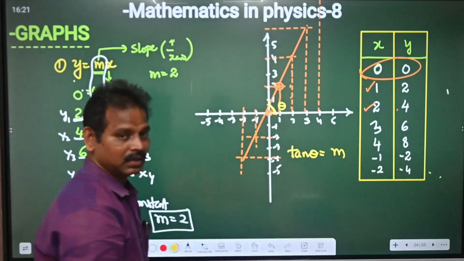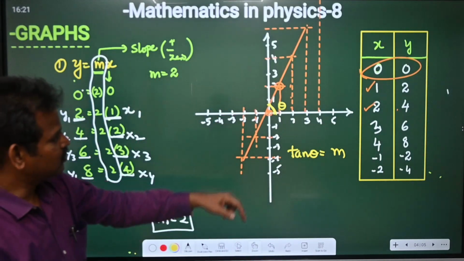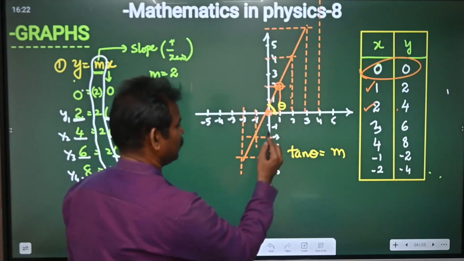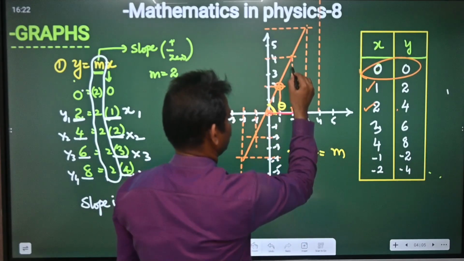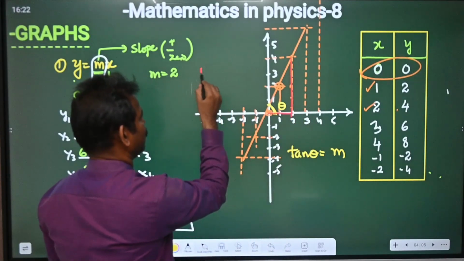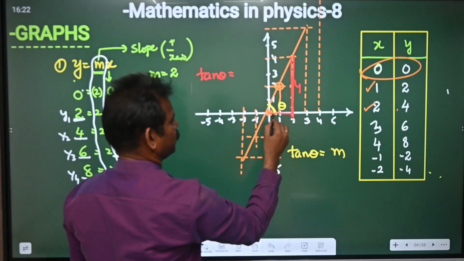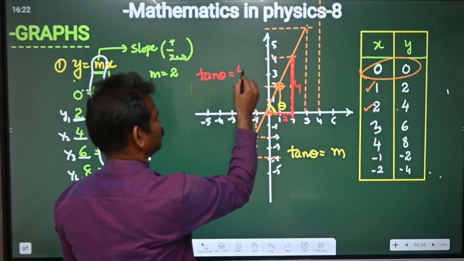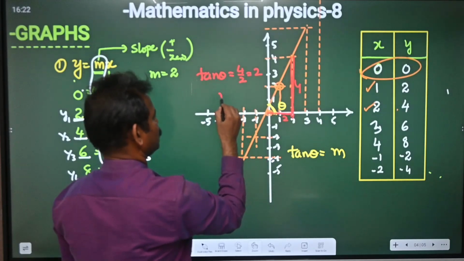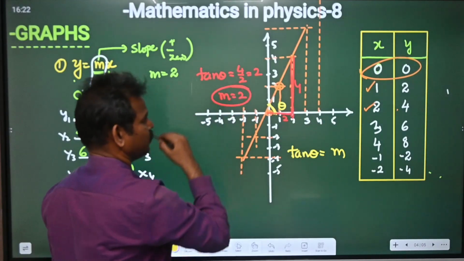We denote this as m. If you take any one triangle here, students, how to find tan theta? Tan theta is opposite side, which is equal to 4, by adjacent side, which is 2. So this is 4 by 2. So the slope of this graph is 2.